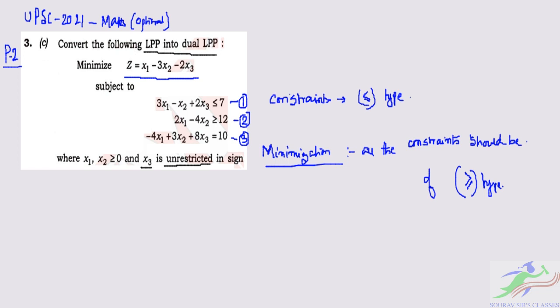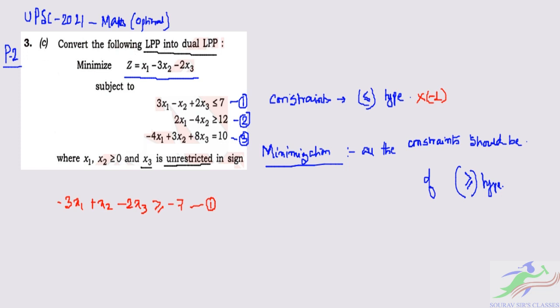So what we have to do is multiply equation 1 by minus 1. If I multiply this, what will we get? It will be 3x1 plus x2 minus 2x3 greater than or equal to minus 7, right? So now this is the new equation.